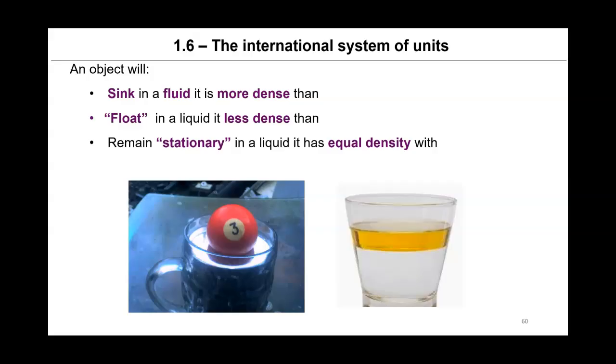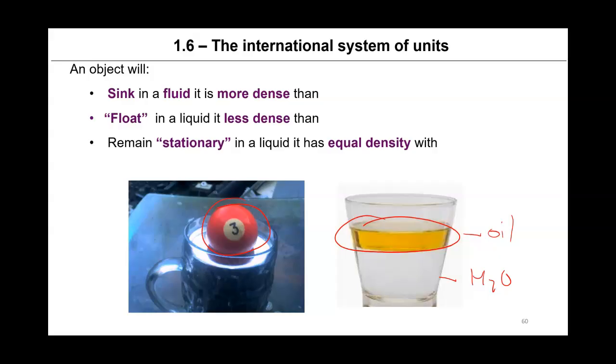Some other important properties of density are that an object will sink in a fluid it is more dense than. When I look at this number 3 ball here, it's not sinking, so I know that it is not more dense than the liquid it is sitting in. Similarly, this oil is not sinking, so I know that it isn't more dense than the water that is underneath it.